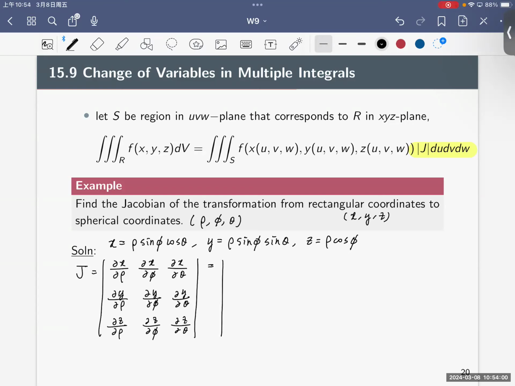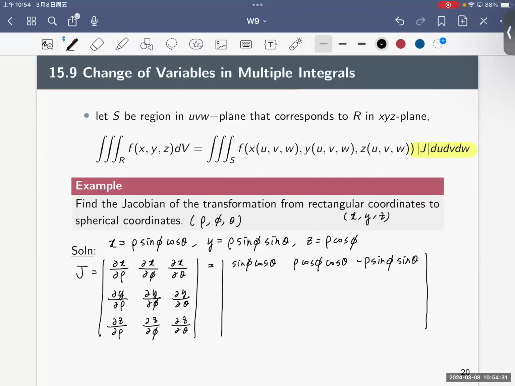The first, partial x partial rho, is sine phi cosine theta. The next, partial x partial phi, is rho cosine phi cosine theta. Partial x partial theta is rho sine phi times negative sine theta, putting the negative sign in front.